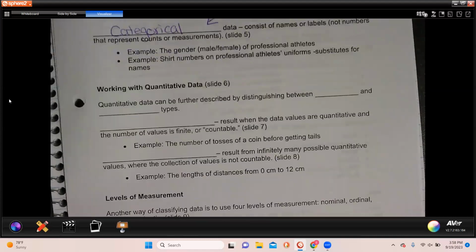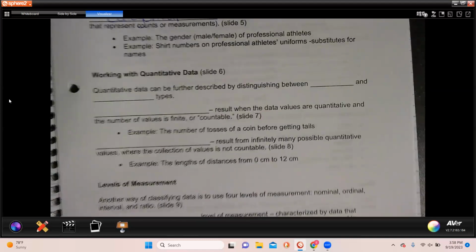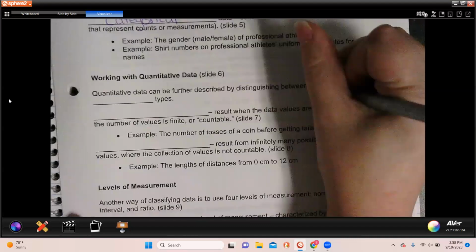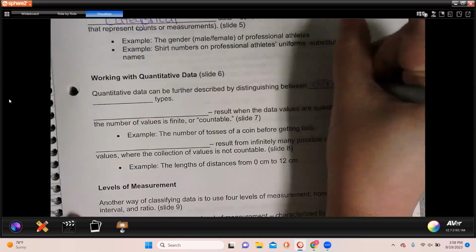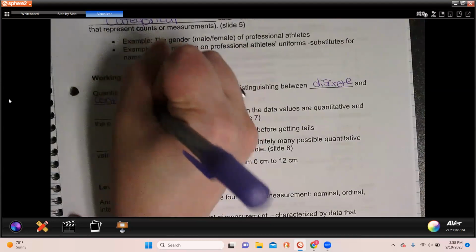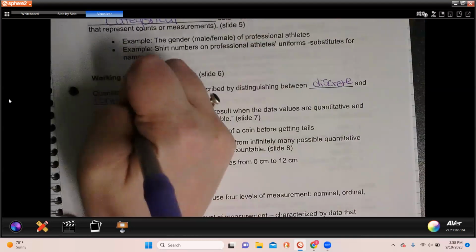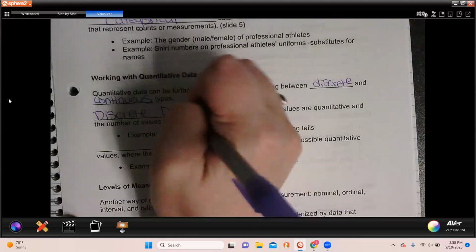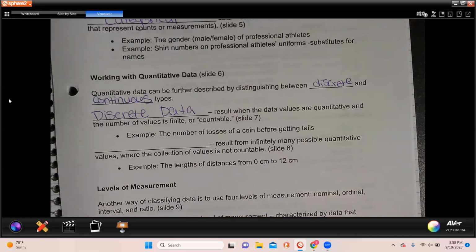All right, and then when we're working with quantitative data specifically, quantitative data can be further described by distinguishing between discrete and continuous types. Okay, those are two different types of quantitative data. So discrete data results when the data values are finite, or countable. So the number of tosses of a coin, that's 1, 2, 3, 4, 5, 6, 7.